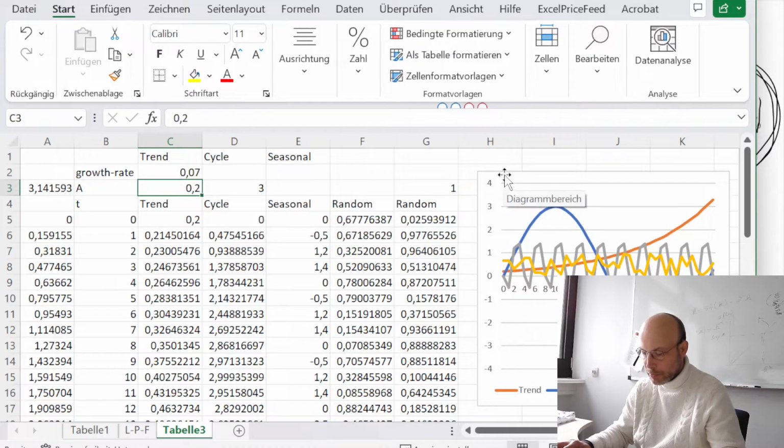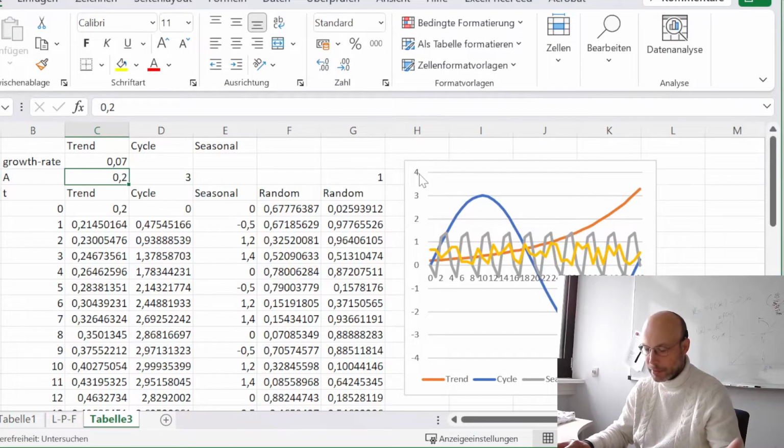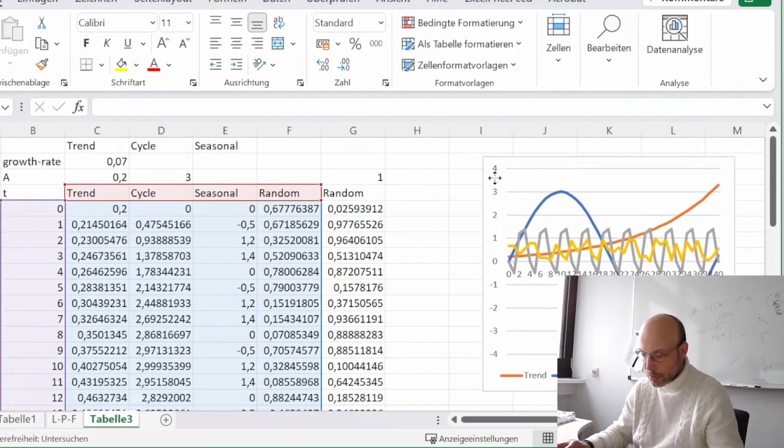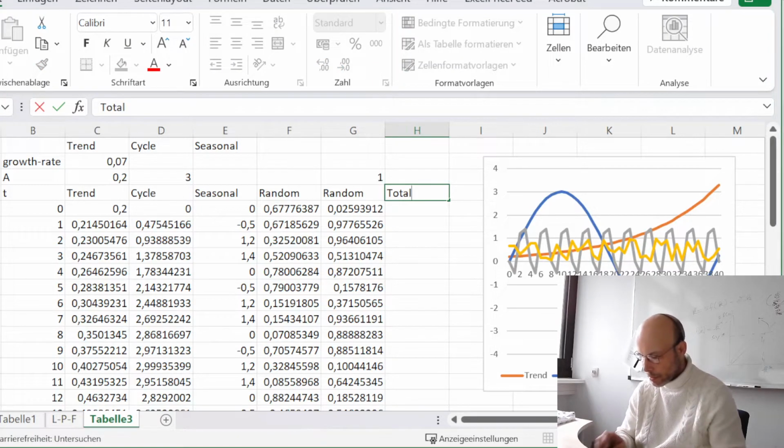And in the end, of course, we start to add up all our 4 components: the trend component, the cyclical component, the seasonal component, and the random component. So let's say this is then total.